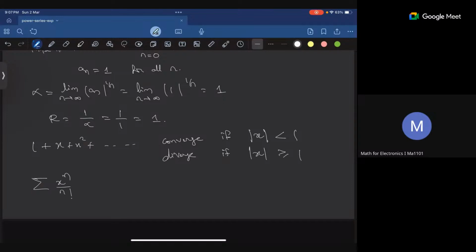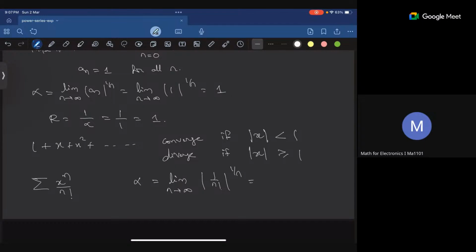Okay, so easy. And if you take the exponential, summation x power n by n factorial, here a_n is 1 by n factorial. Alpha will be the limit as n tends to infinity of 1 by n factorial whole power 1 by n. Computing this limit is slightly trickier.